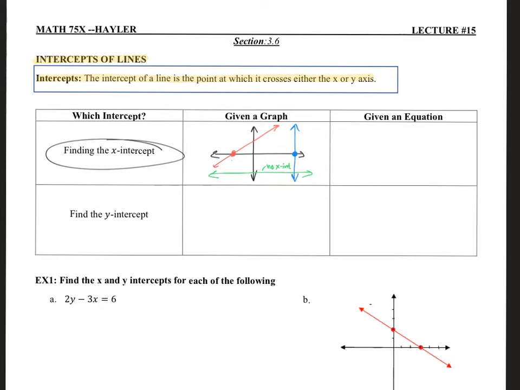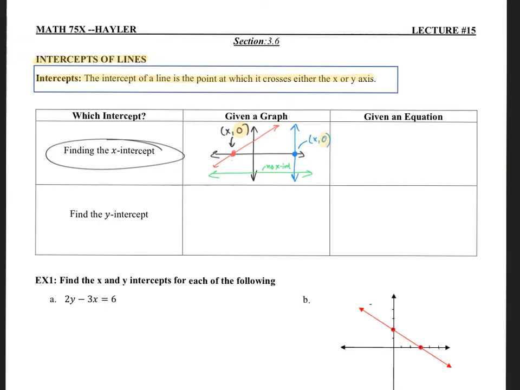Alright, so given an equation, how would we find the x-intercept? What we're going to do, just like we saw before, is for an x-intercept, we notice that the y value is always going to be 0. Regardless of where the point actually is, the y value will always be 0.